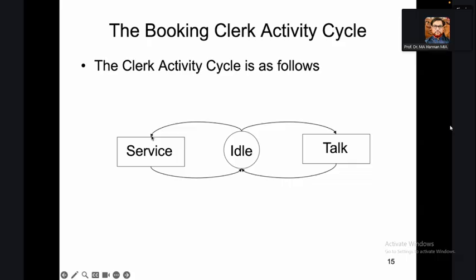Either he comes in person or over phone, giving some services again. It is an active state and service is over. He goes to dead state before another inquirer comes. So another telephone call is coming. So this is the booking clerk activity cycle diagram. Idle, talk, idle, service. Okay? Service, talk, idle, service, providing service, become idle, and again receiving call or someone in person, talk to him, and so on.